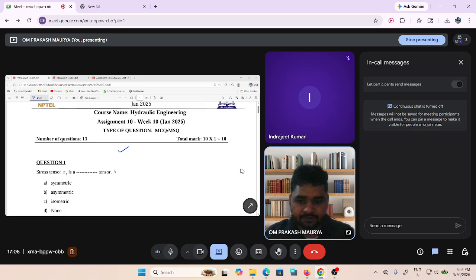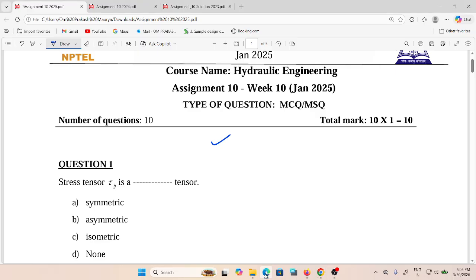Okay, so let us start. So the first question is the stress tensor tau ij. The stress tensor tau ij is a tensor whether it is symmetric type, whether it is asymmetric type, isometric or non.